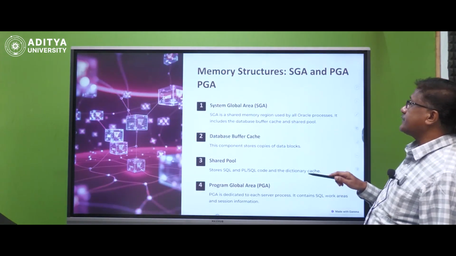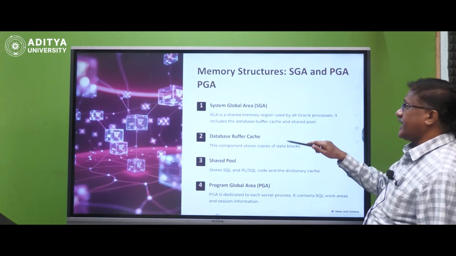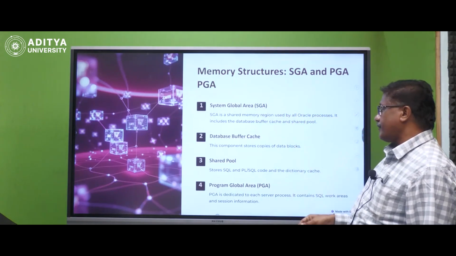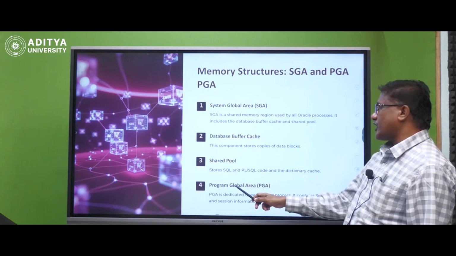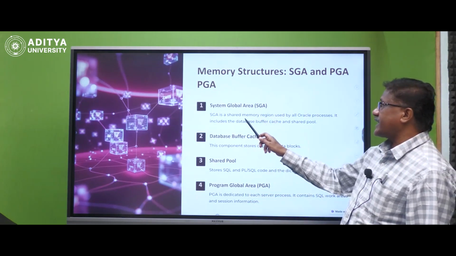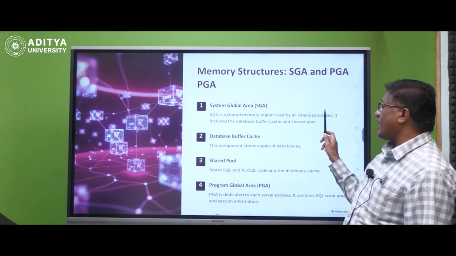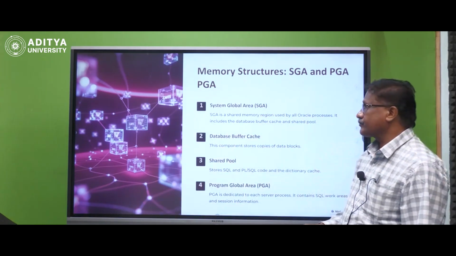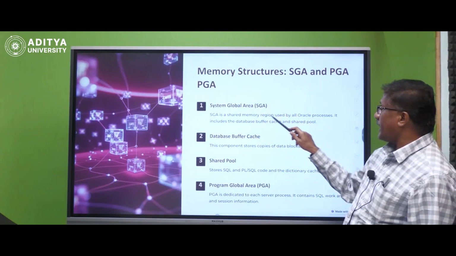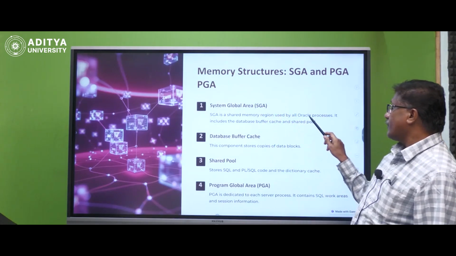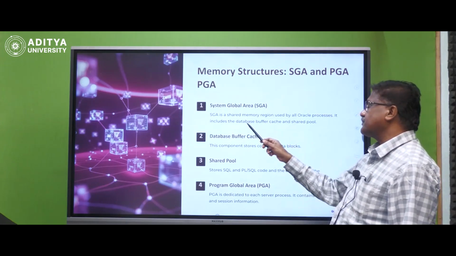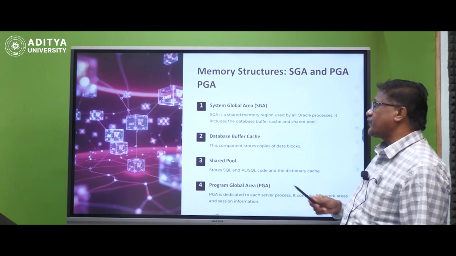So memory structure: SGA and PGA. SGA is nothing but system global area. PGA is nothing but program global area. System global area is shared memory used by all Oracle processes. It also includes the database buffer cache and shared pool.